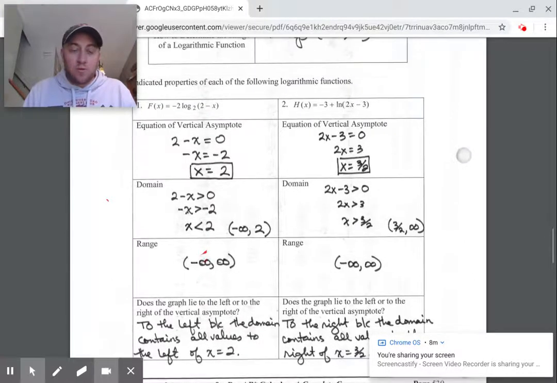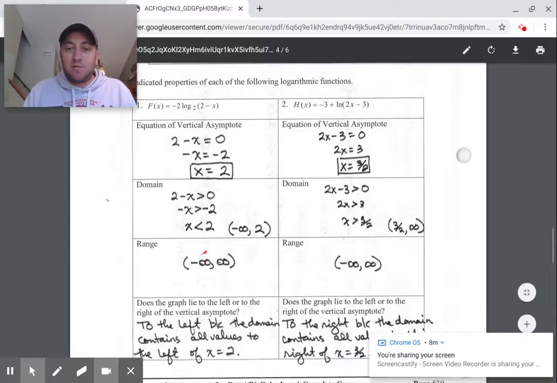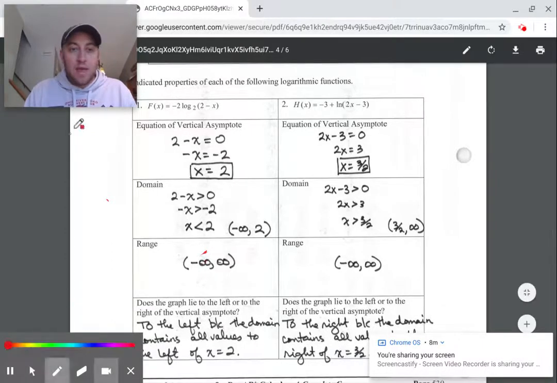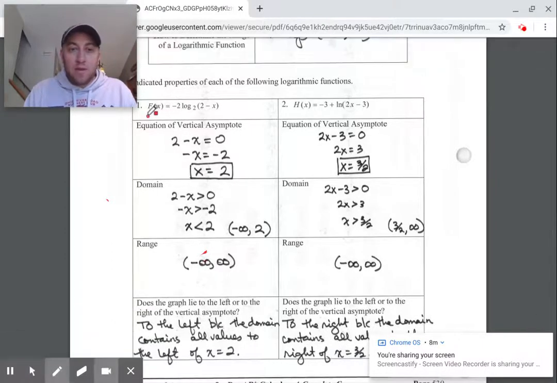So then I walk you through an example here. So here I have a logarithmic equation. And then I have another one over here. First thing, since it's a logarithm, it's going to have a vertical asymptote. How do you find the vertical asymptote? You set the argument, which is 2 minus x, equal to 0, and solve. So I know that this graph has a vertical asymptote at x equals 2.